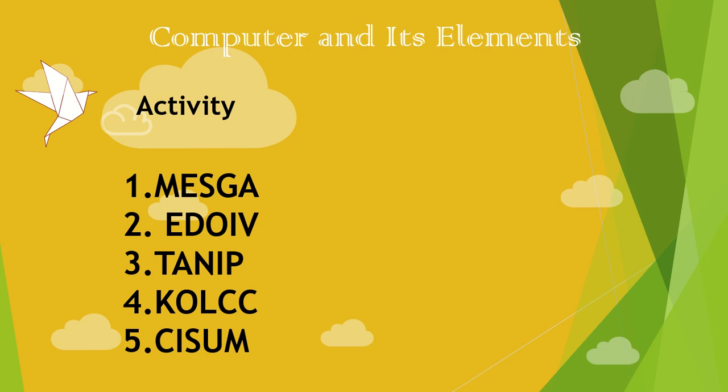Okay, next we have letter K, letter O, letter L, and double C. Next, last but not the least, we have letter C, letter I, letter S, letter U, and letter M.